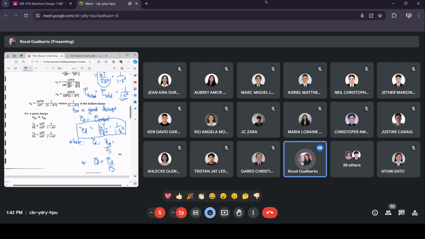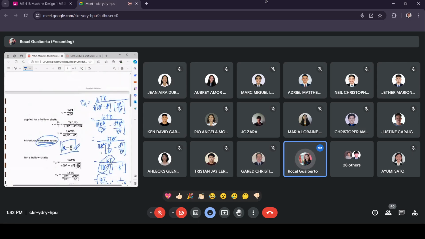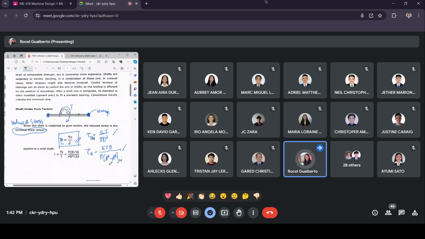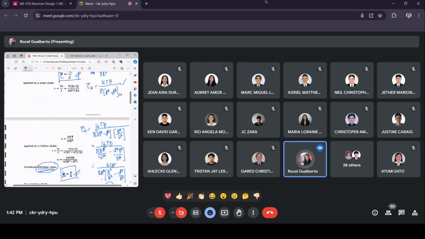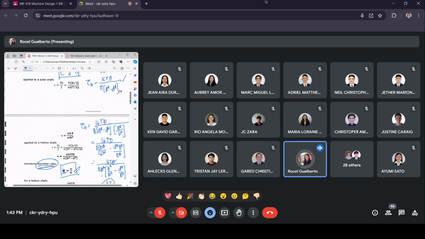So this is basically the same as that of our topic in the midterms: design of machine members under pure torsion. Dito lang po, we introduce the diameter ratio. But whether you use the diameter ratio or not, it is just the same. So you can make use of this equation or yung atin pong equation na normal, yung dati po natin ginagamit.